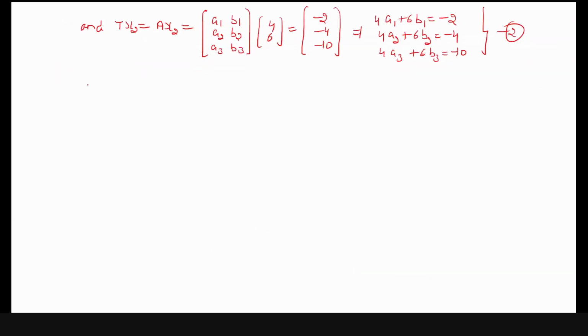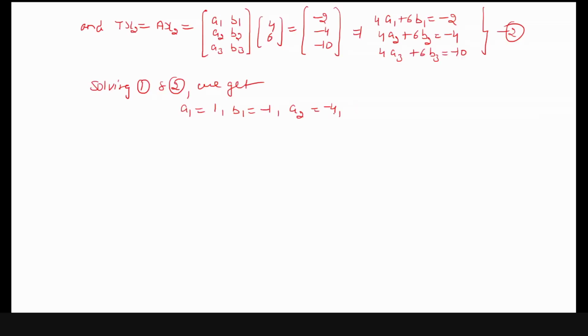Okay, so when you solve 1 and 2, we get a1 is equal to 1, b1 is equal to -1. It's very easy because you have 6 variables and 6 equations. And a2 is equal to -4, and b2 is equal to 2, and a3 is 2, and b3 is -3.